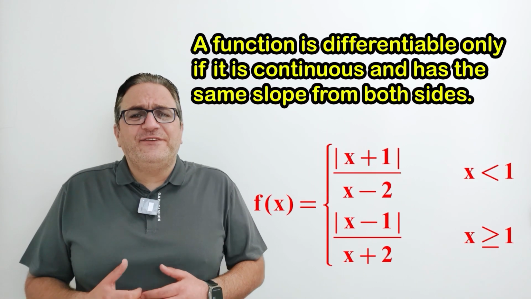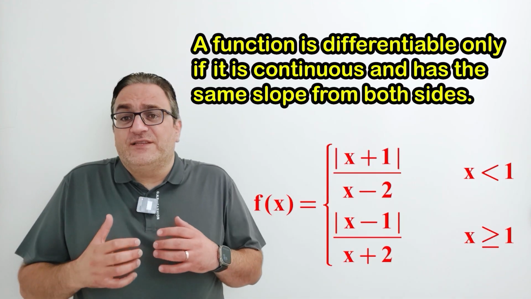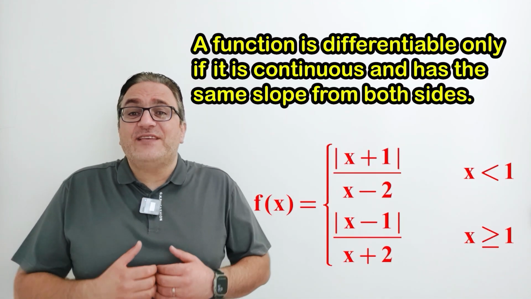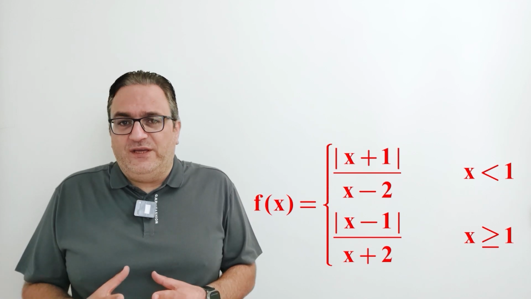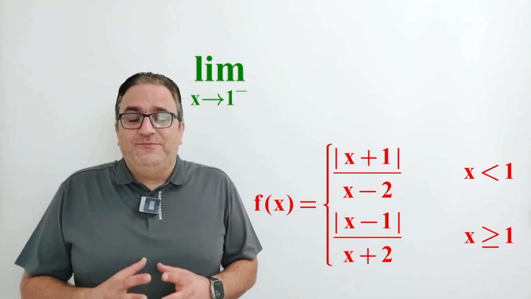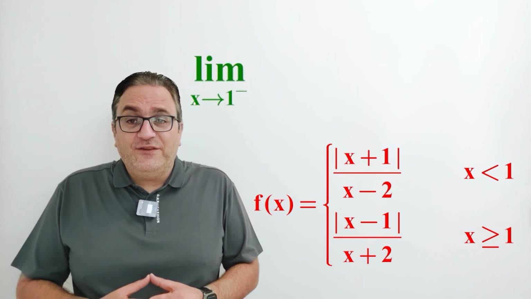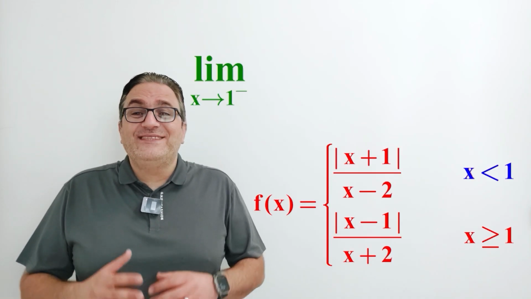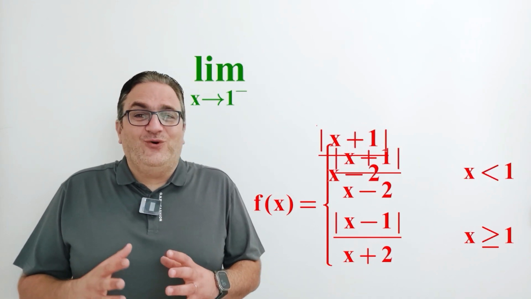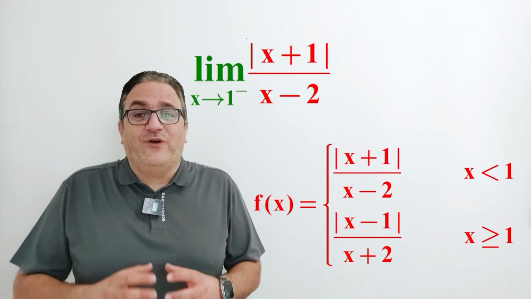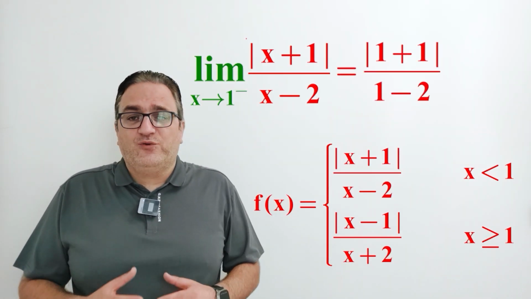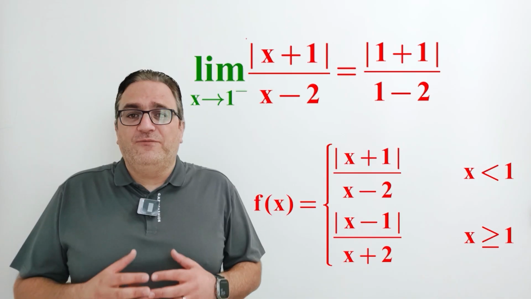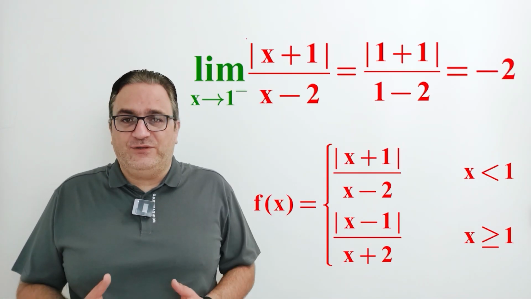A function is differentiable only if it is continuous and has the same slope from both sides. First, let's test for continuity. Left hand limit means x approaches 1 from the left, means less than 1. So if we plug in 1 for x, in the first part we have f of 1 is equal to the absolute value of 1 plus 1 over 1 minus 2 equals negative 2.